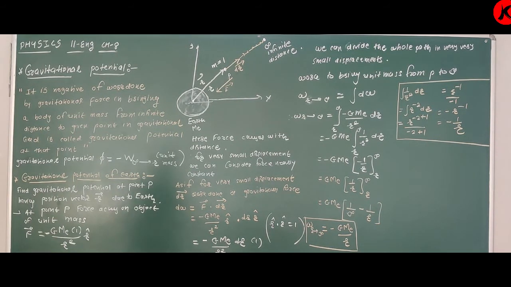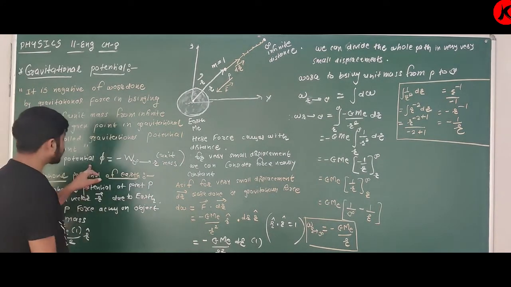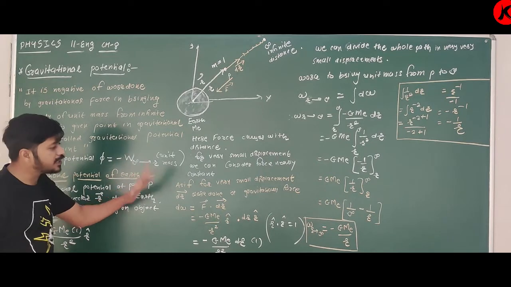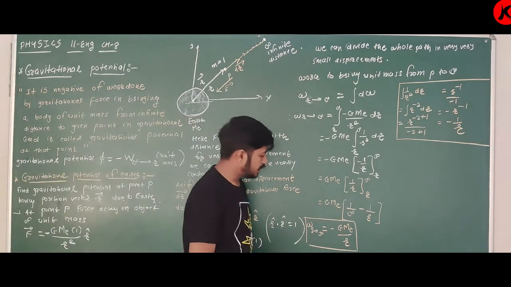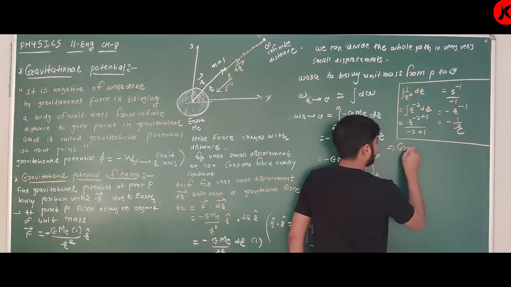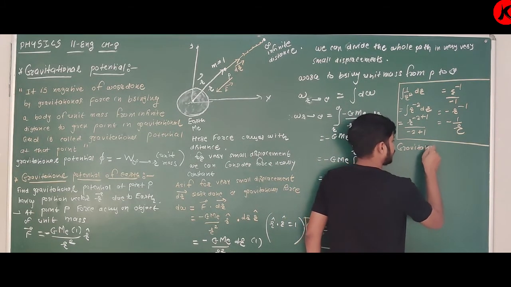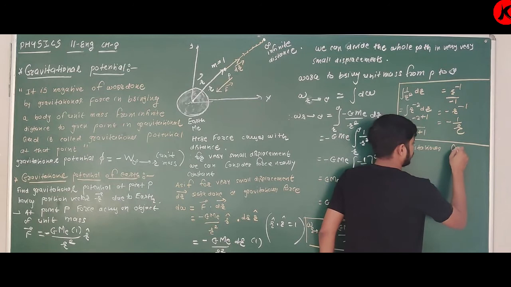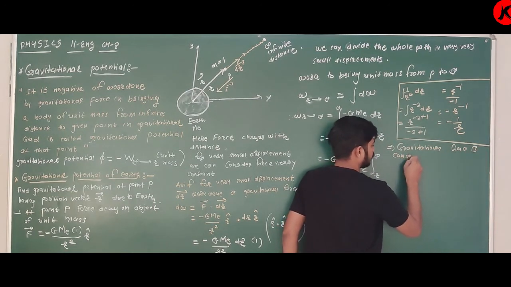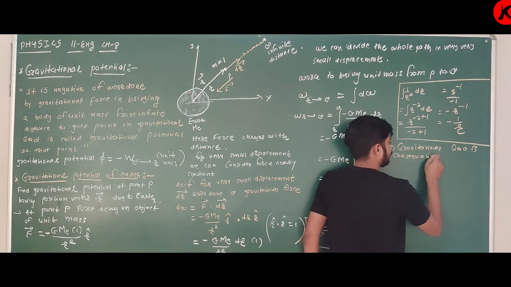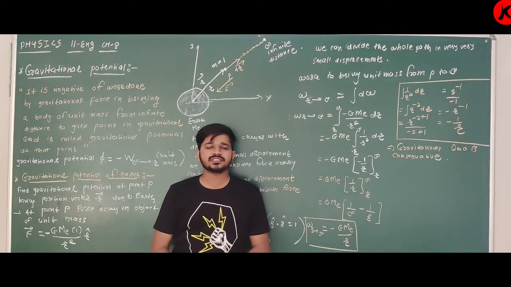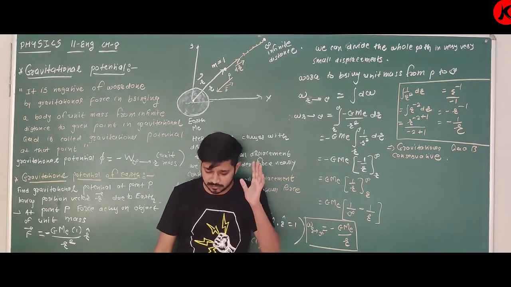Now we actually have to find gravitational potential, which is phi is equal to minus W infinite to R. Here, remember, the gravitational field is conservative. And what is the meaning of conservative? That you already know from chapter number 6.